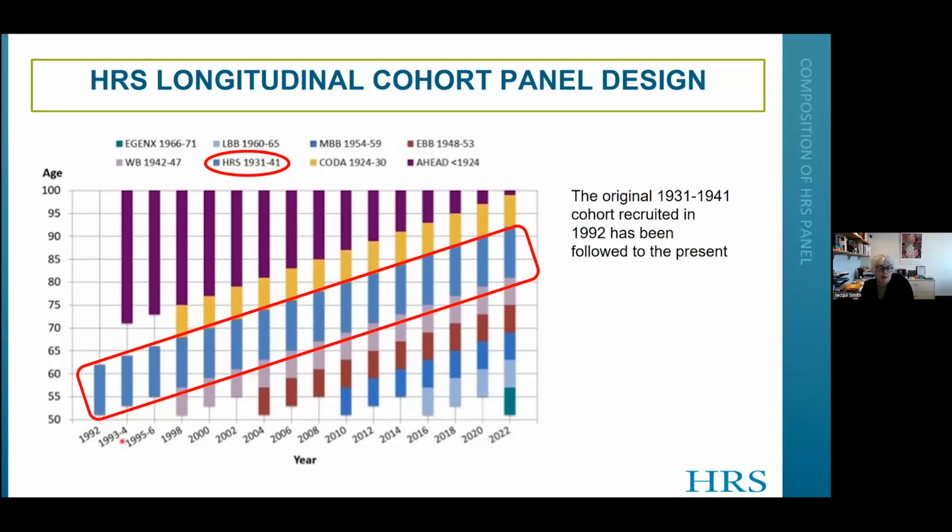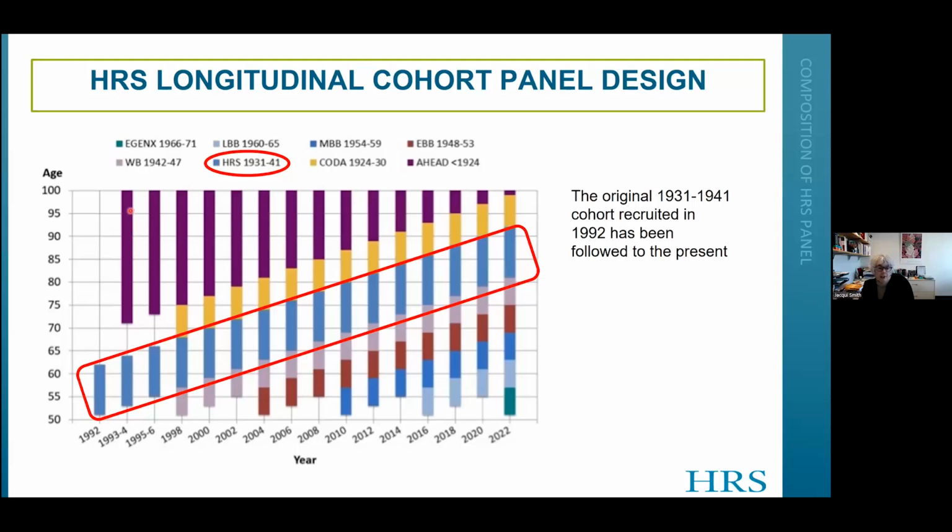So in 93, they recruited the so-called AHEAD cohort. Don't worry about all of these different acronyms, but they were all born prior to 1924. And we followed those people over time too. So we were interviewing this cohort, but also bringing in the oldest old as well.